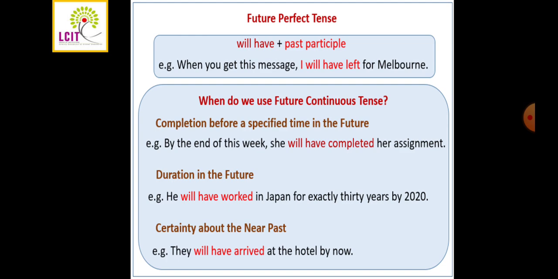So you will be using that formula, followed by an expression that begins with by. I will have reached my home by next week. I will have completed my homework by an hour, by that time, by then. In this way you will be using future perfect tense.